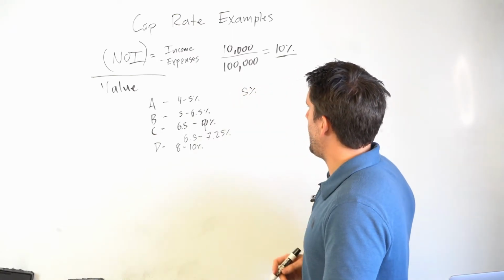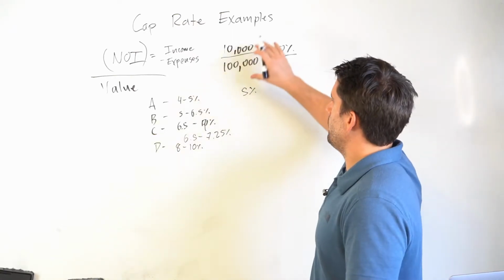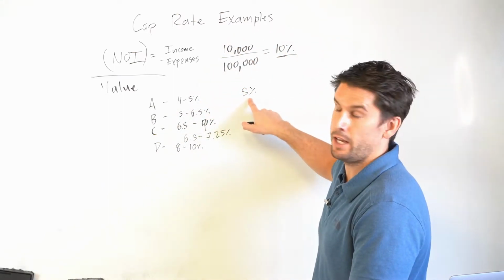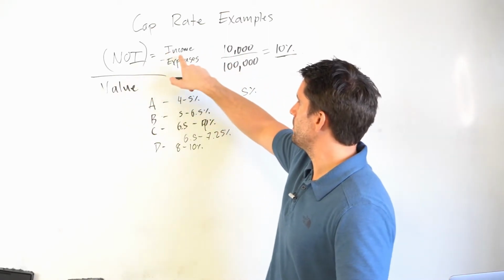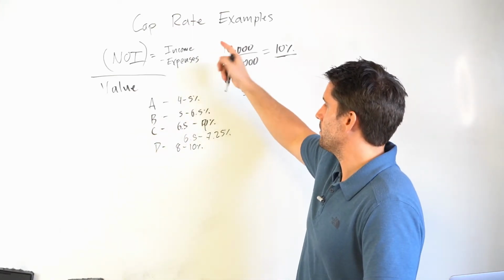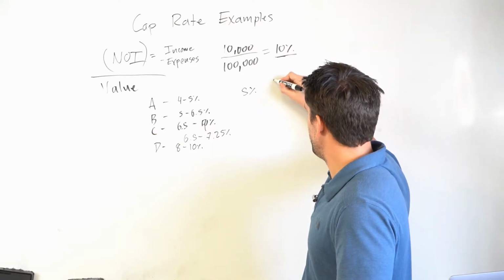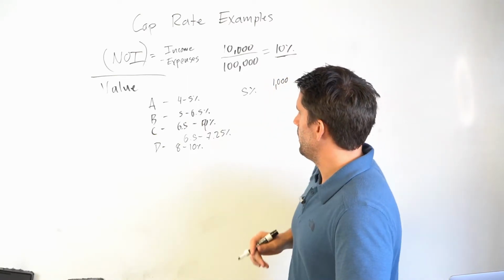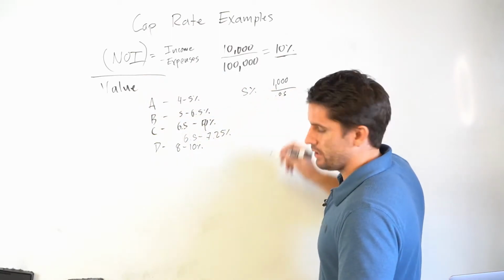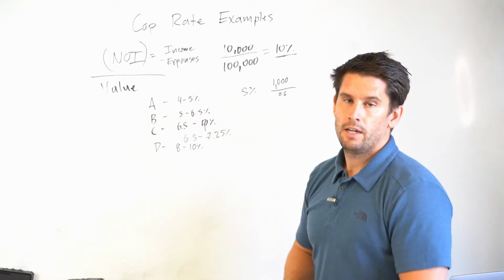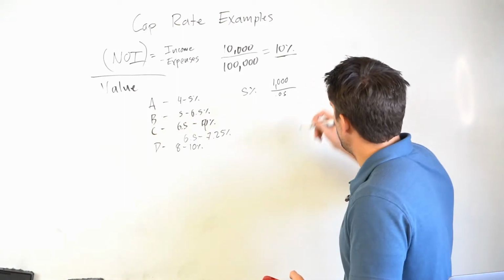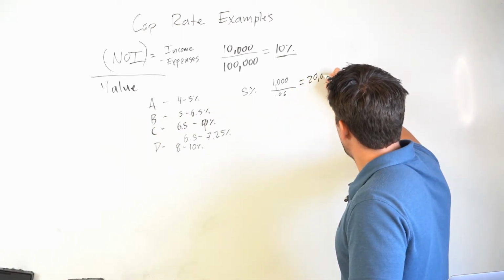At a 5 cap, let's say you had a subject property in an A-class neighborhood, where the going cap rate was 5%, and you were able to raise rents by $1,000, going from $10,000 to $11,000, with the same expenses. You divide that by 0.05, the cap rate, and that shows you how much value you've added to the property. It's a 1 to 20 ratio, so you would increase the value by $20,000.